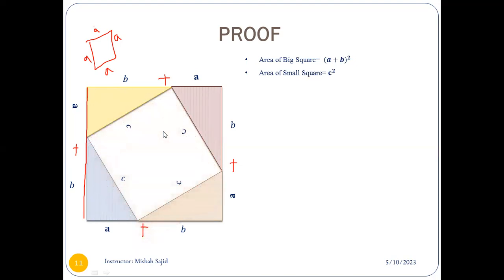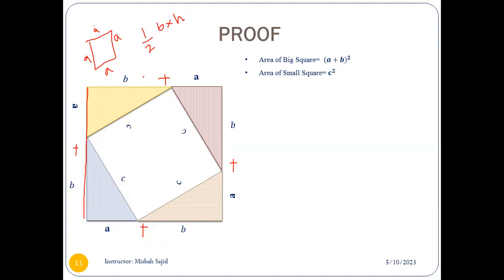And now if you see, there are four different right angle triangles. So the area of a right angle triangle is half into base into height.